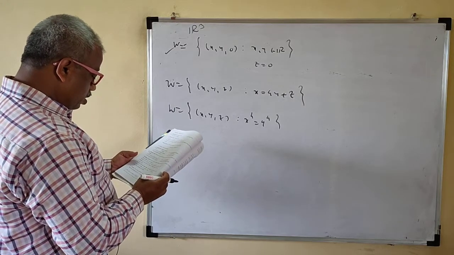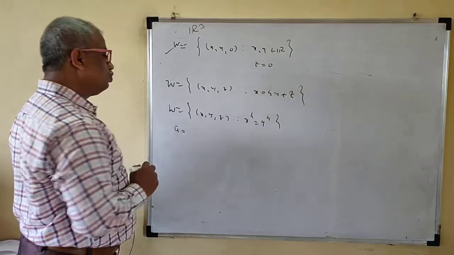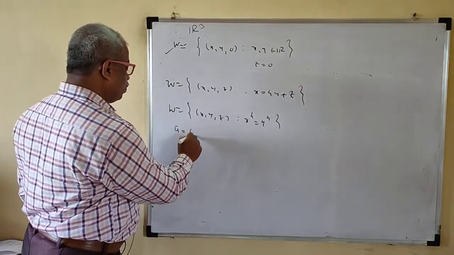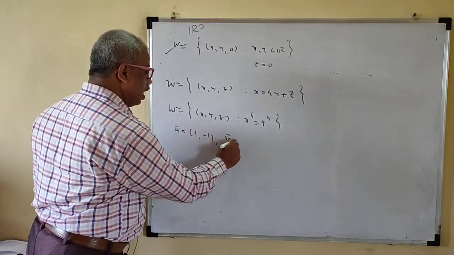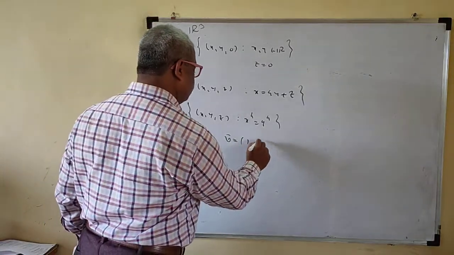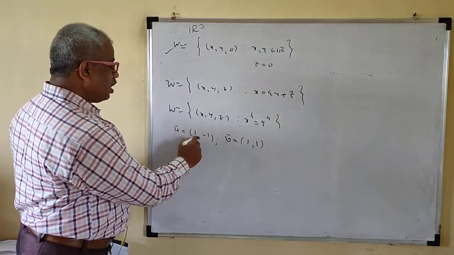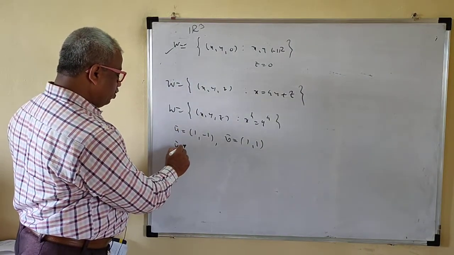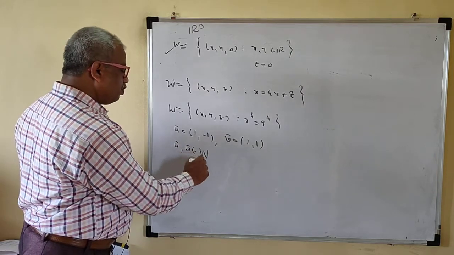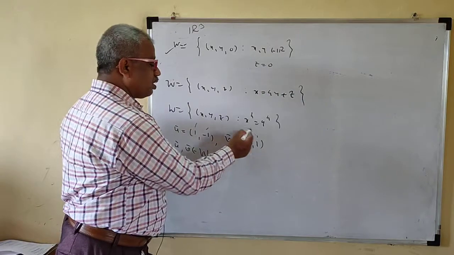Because if I take u bar = (1, -1) and v bar = (1, 1), then u bar and v bar belong to W, because x^4 is the same as y^4.